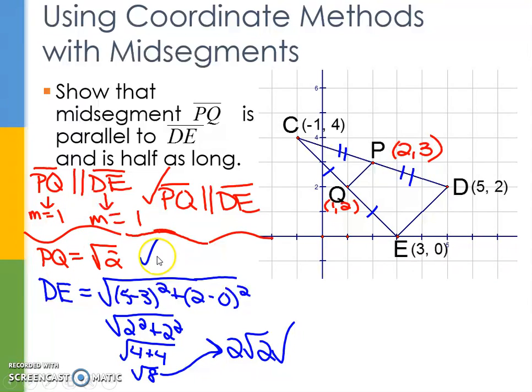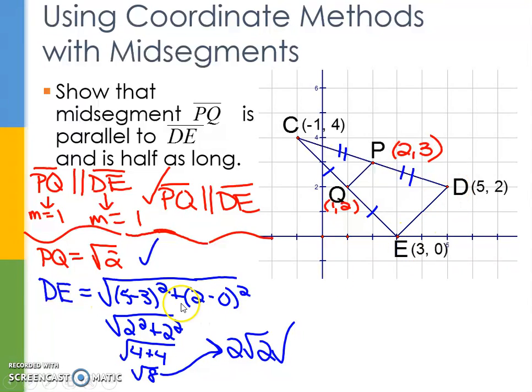Now next one, PQ is half as long as DE. You have to prove it mathematically when you have coordinates, when it's on a graph. So you're going to use the distance formula. How do you use that? DE has 5, 2 and 3, 0.